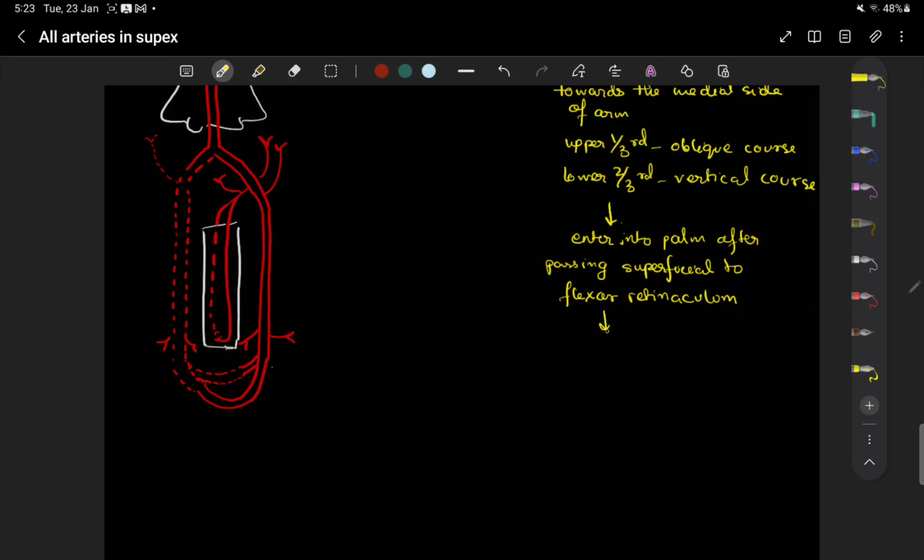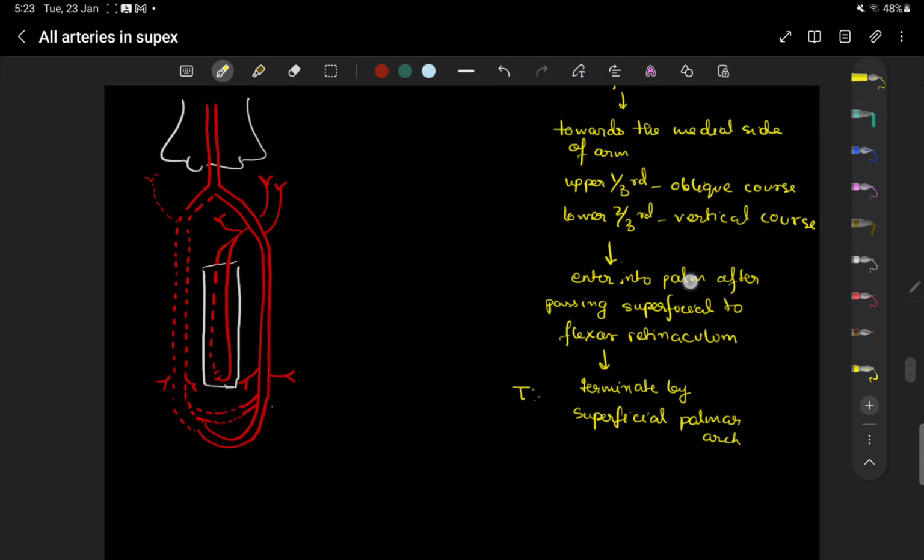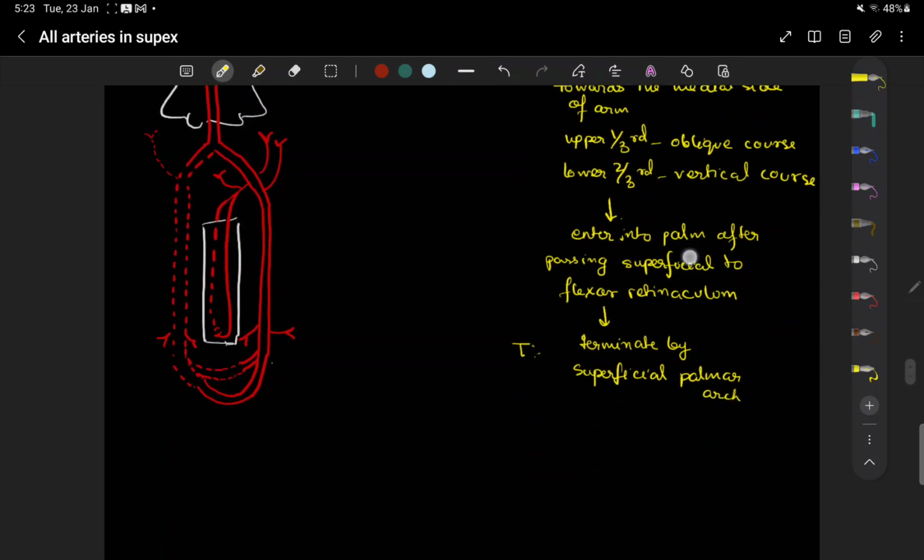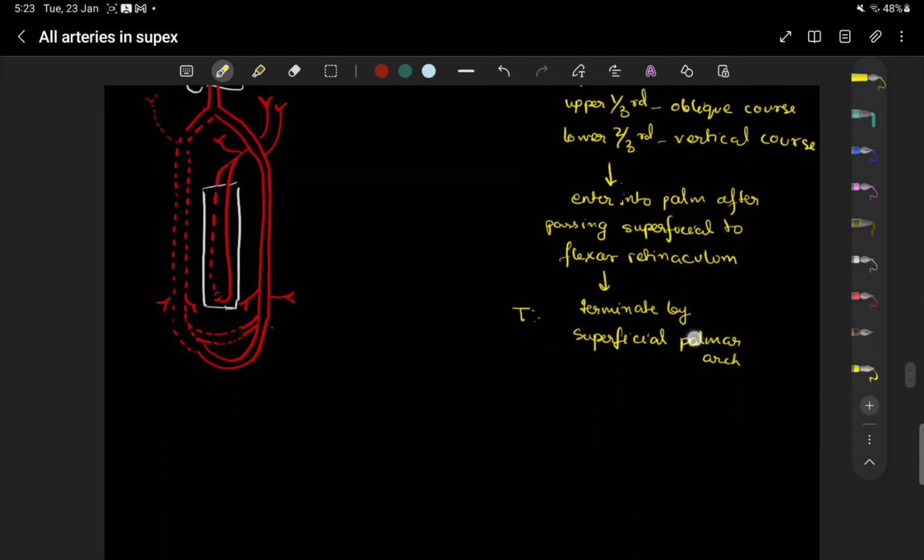It will terminate by joining with the superficial branch of the radial artery and forming the superficial palmar arch. That's it for the course.